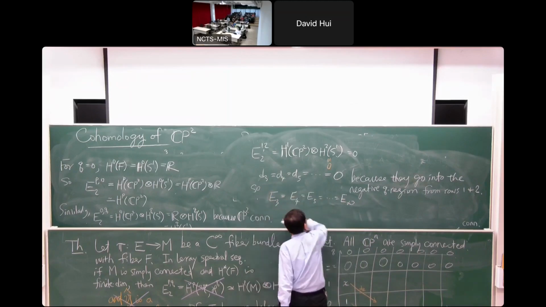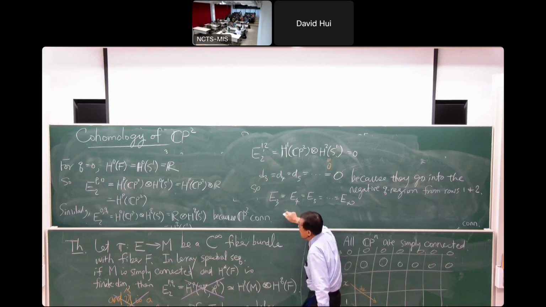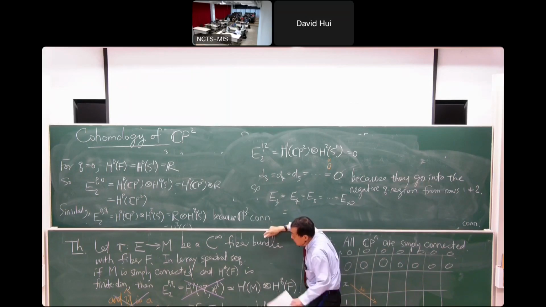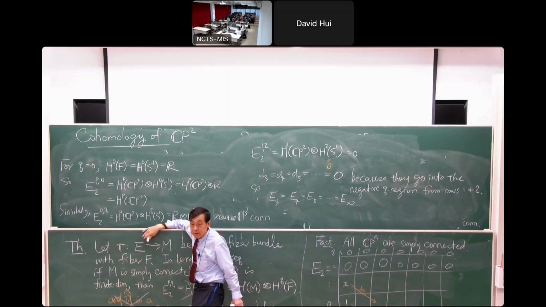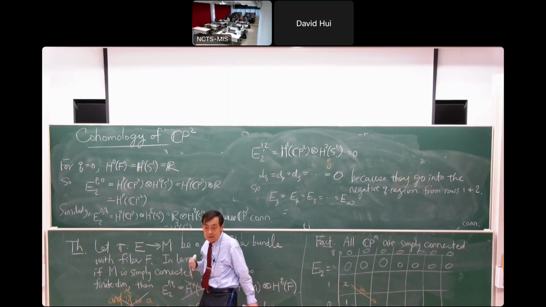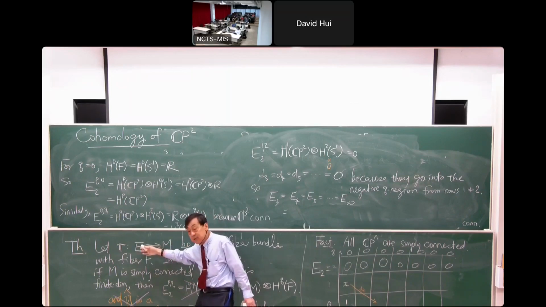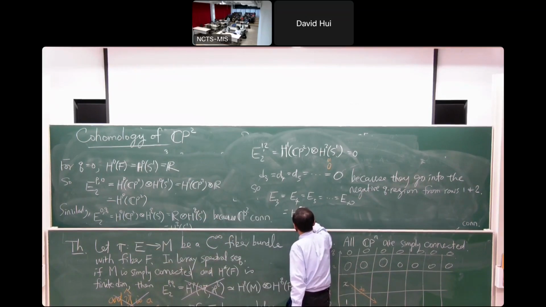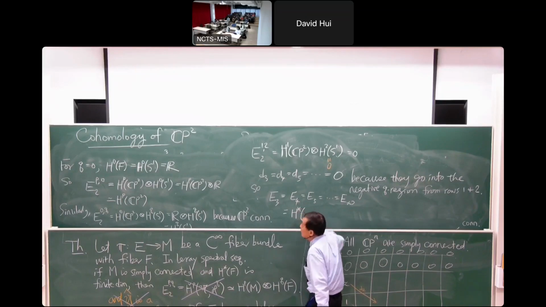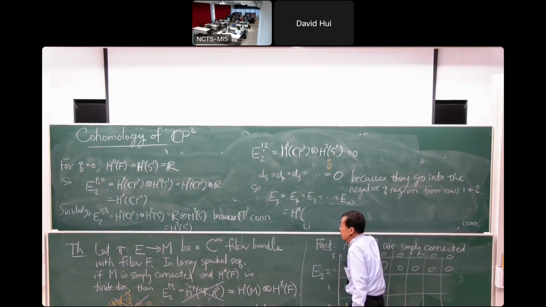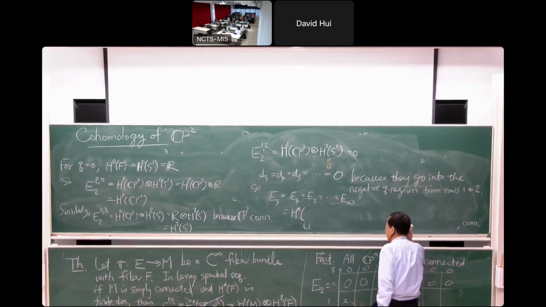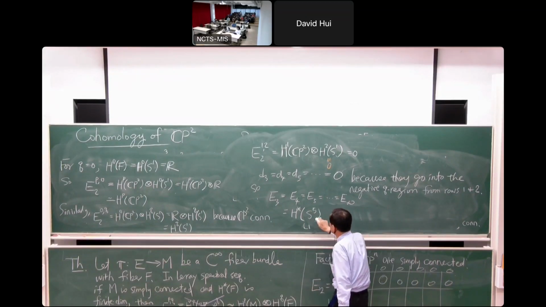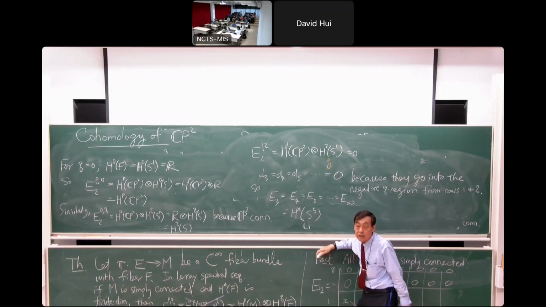And E infinity is supposed to be the cohomology of the total space, right, in the spectral sequence. In the Leray spectral sequence, E infinity is the cohomology upstairs. So we have this fiber bundle where the upstairs is S5, E infinity is the cohomology of S5. Right? And we know what that is.